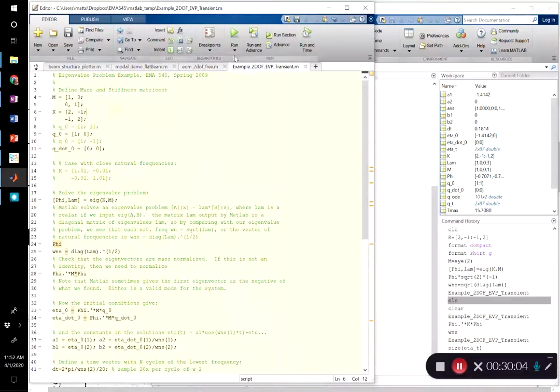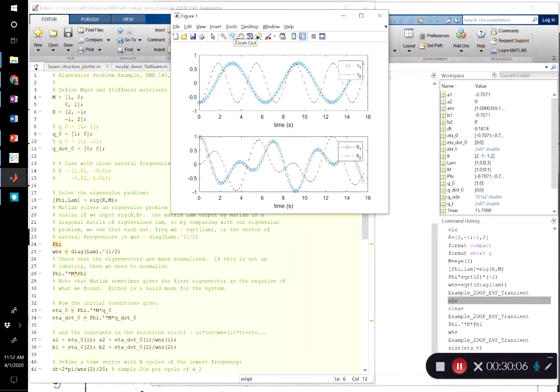So if we run this again now, after making that change, now what we see is that both eta 1 and eta 2 are cosines with time. Eta 2 is oscillating at a higher frequency because it has a higher natural frequency, but they're both simple cosines in time. In contrast, the two masses were starting with mass 1 displaced 1 unit, mass 2 at equilibrium.